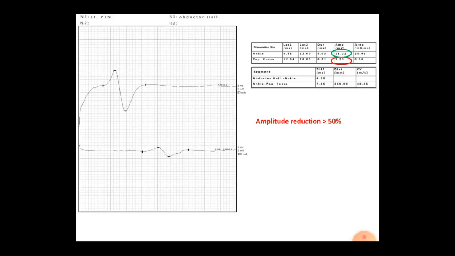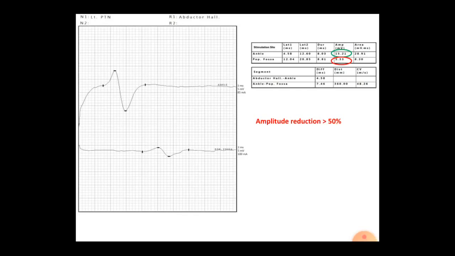So 3.33 is definitely less than 50% of 15.21. So if you have an amplitude reduction of more than 50% whenever you stimulate proximally, as compared to the distal amplitude, your proximal amplitude is less than 50%, or we can say that the amplitude reduction is more than 50%. That is suggestive of conduction block.